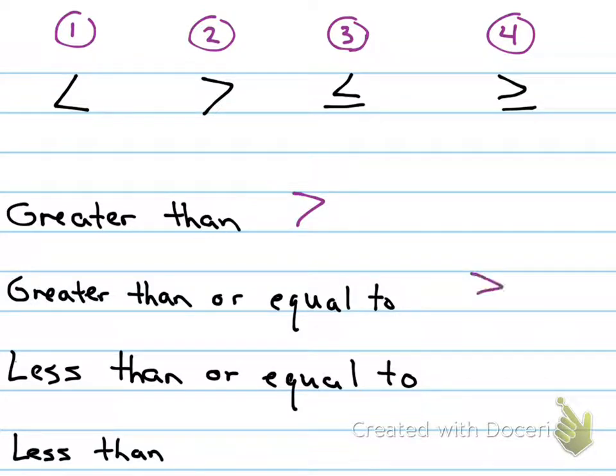Number 4. We know that this bottom bar tells me that something is equal to. What about less than or equal to? Number 3, and less than is number 1. So those are our inequality symbols, and we're using those to compare both sides of the inequality.